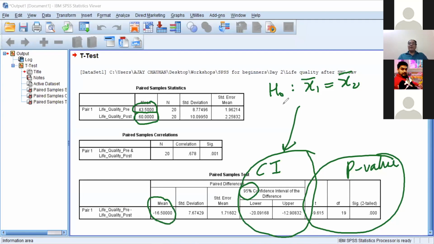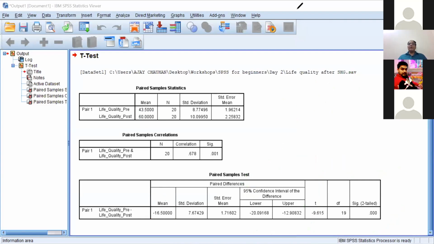So basically my null hypothesis converts to whether x2 minus x1 is equal to 0 or not, right? The null hypothesis is that this is 0. So I have to check both the values. Let me run it again.